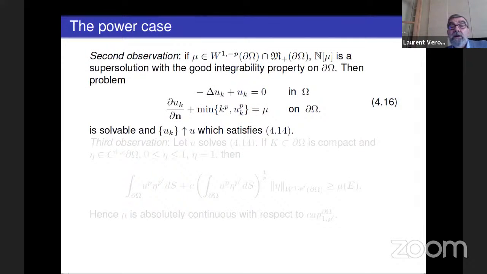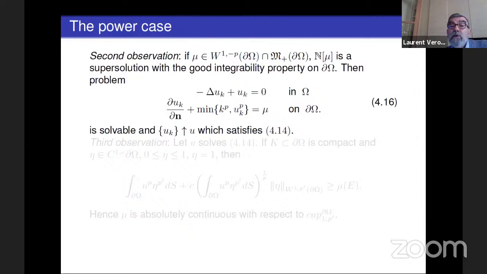So now you take a measure mu in W^{−1,p}. It should be minus 1, p, I'm sorry. With the positive, you take a measure mu in W^{−1,p}(∂Ω). And then the Neumann operator of mu is a super solution, and it has a good integrability condition.